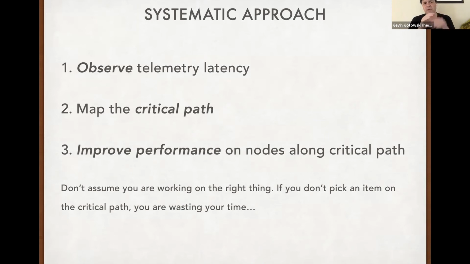So the first step is basically to observe the telemetry latency. Throughout whatever process you've got, you want to be able to get measurements of how much time it's taking for each step, and you want to know what all the steps are. The second part is to map the critical path through those steps.